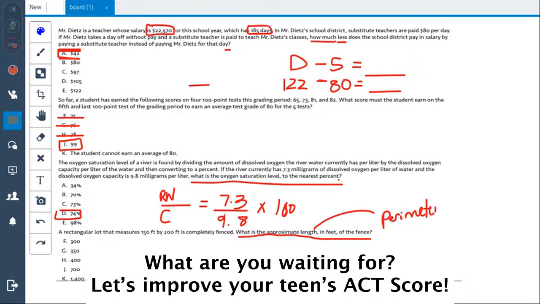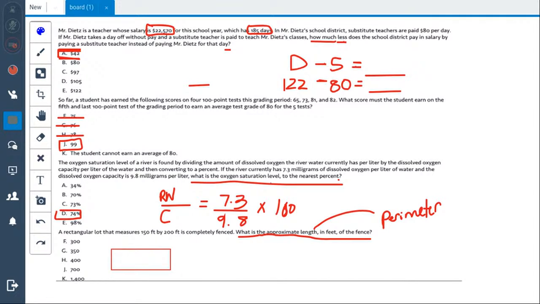And they did give us everything we need, because we have a rectangular lot, and we know it's 150 feet on these opposite sides and 200 feet on those sides, right? Because you know that rectangles have equal opposite sides.